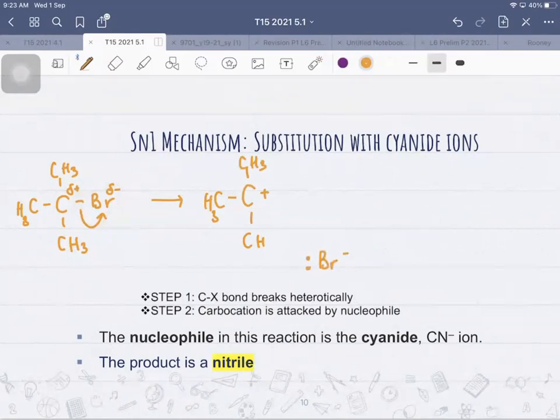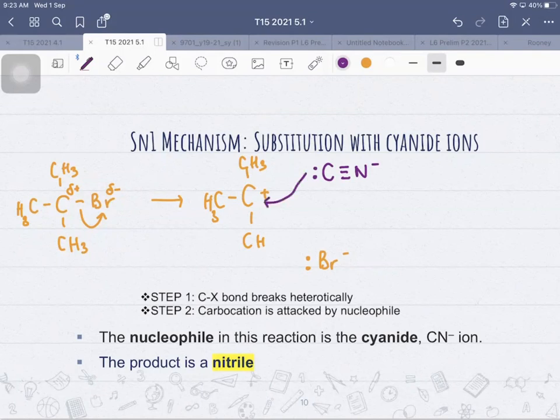Okay, from a delta minus to a full negative charge. Next is when your nucleophile comes in to attack. So it is important where you draw your lone pair of electrons. Okay.